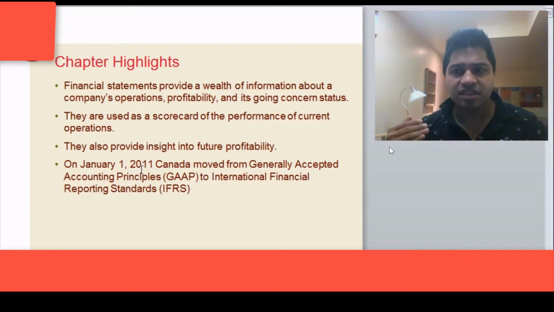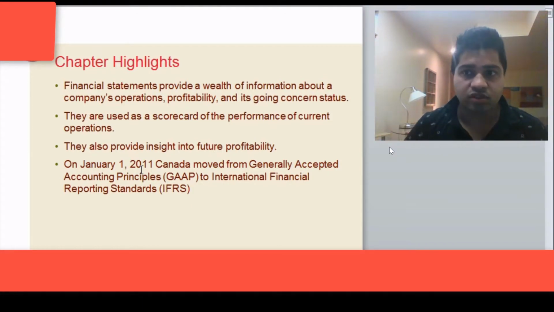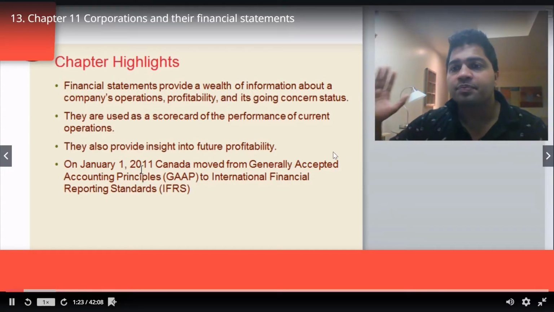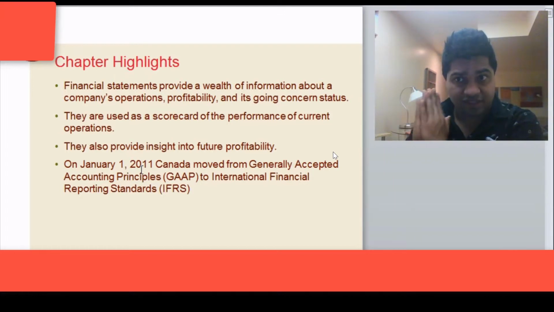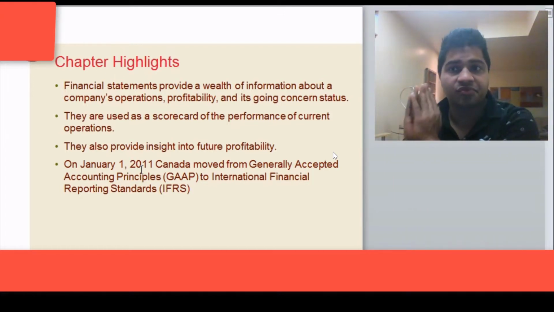Now the major difference between what we used to follow and what we follow right now is that GAAP is rule based. So there are a certain number of rules that you have to follow in black and white. Now IFRS is principle based, it's not rule based. So the biggest advantage in IFRS is the flexibility.